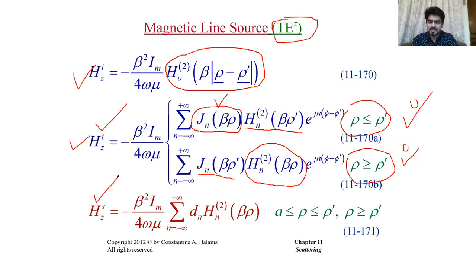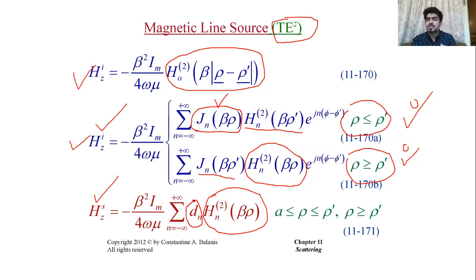For the scattered field, we are going to only use the Hankel function of the second kind. Again, we don't know what this unknown coefficient would be, because it's not only going to be a Hankel function of the second kind, it also has to satisfy the boundary conditions.